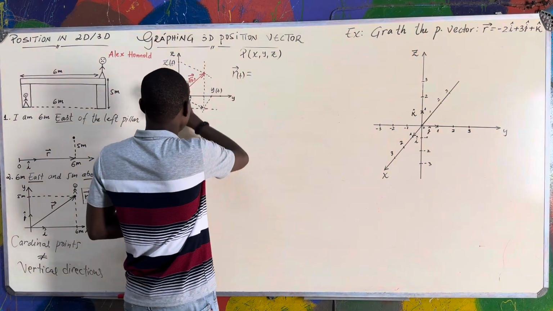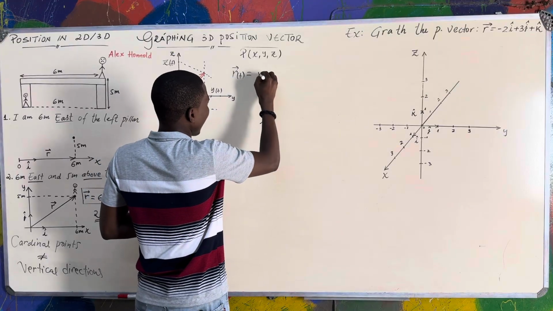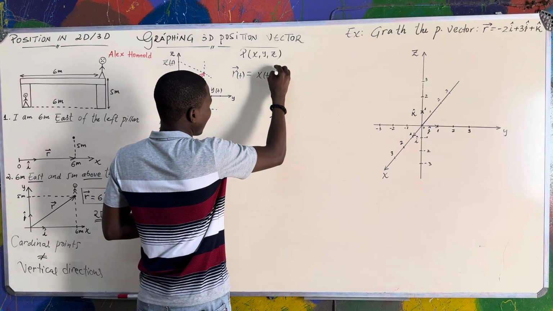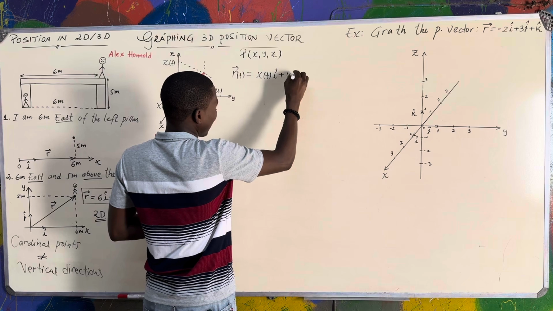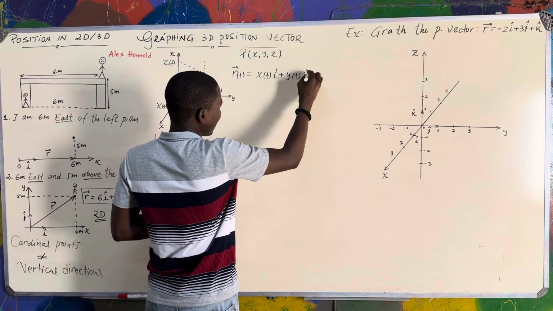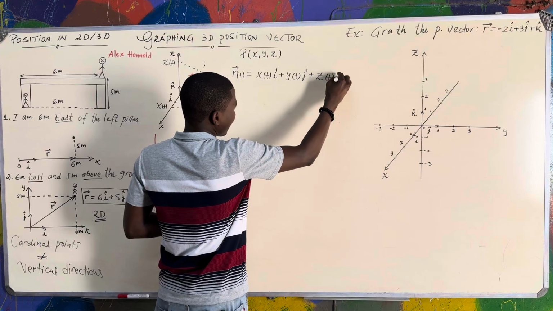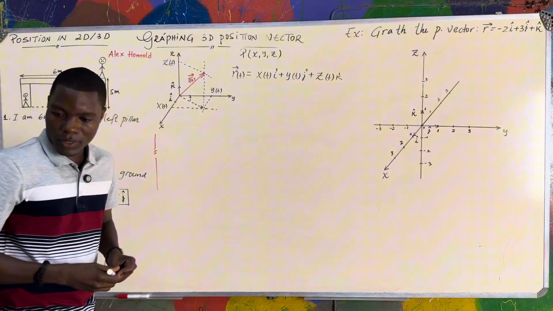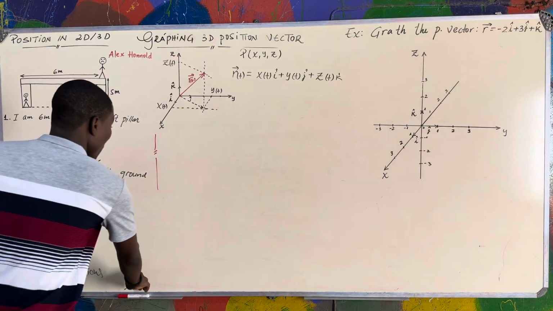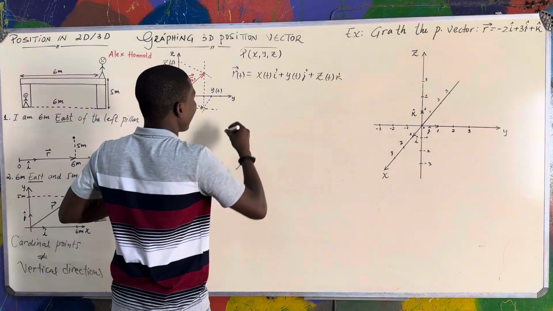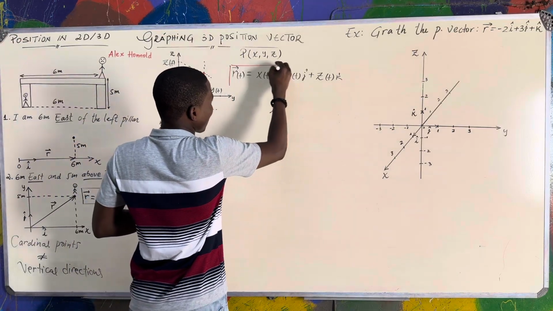Summing this up, we have x(t) i, y(t) j, and z(t) k. So this is the position vector of this particle varying with time.